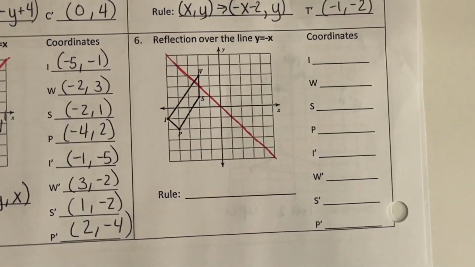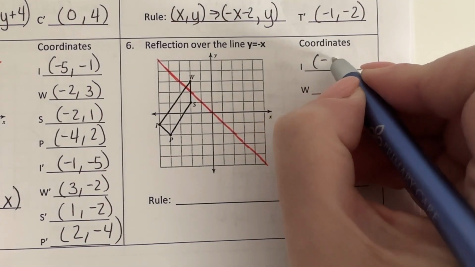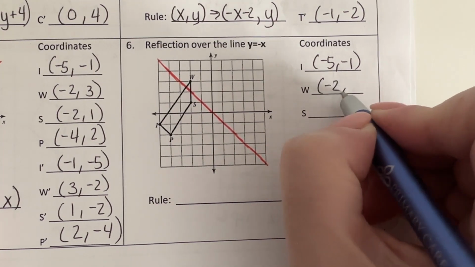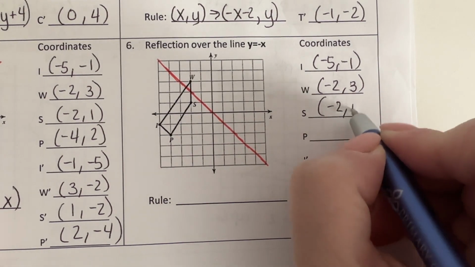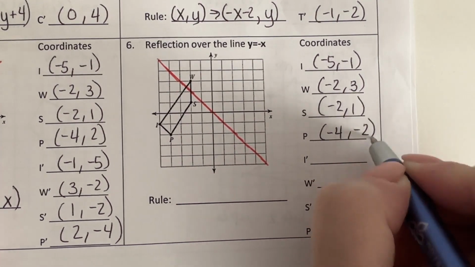Unlike last time, I am going to go ahead and write down my coordinates so that I will have them available. I've got -5, -1; -2, 3; -2, 1; -4, -2.